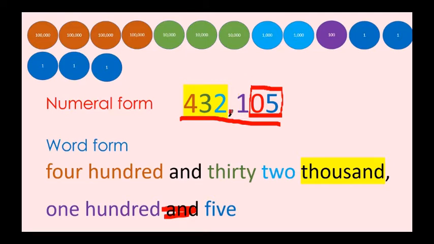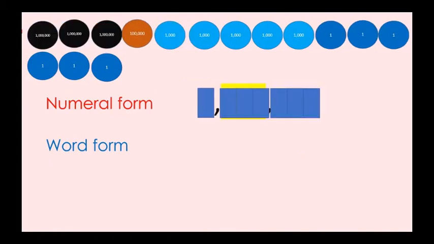And when we get to our comma, we can just give a little pause or take a little deep breath. So 432,105. Easy peasy, right?